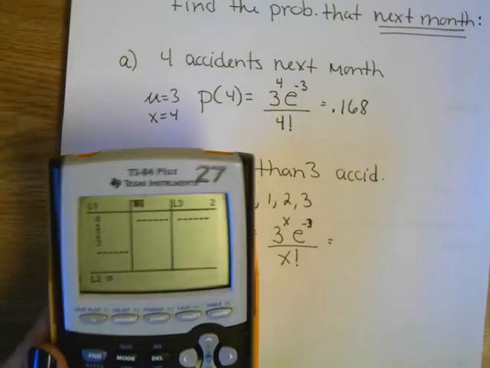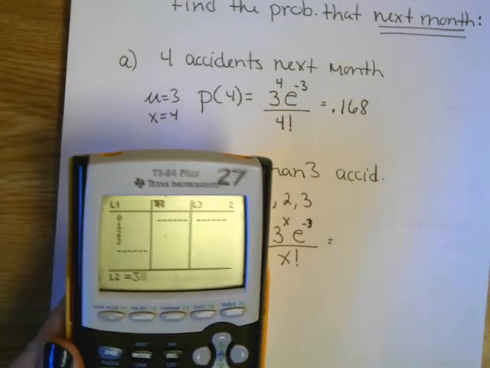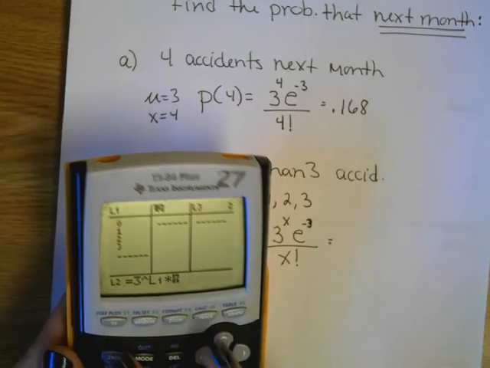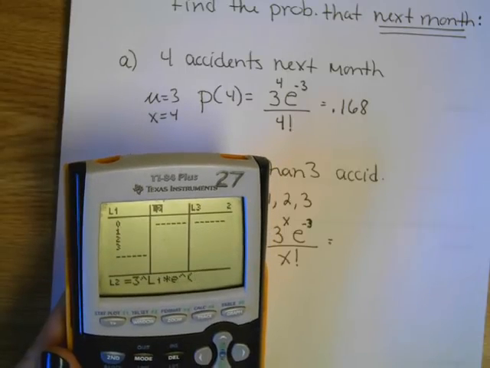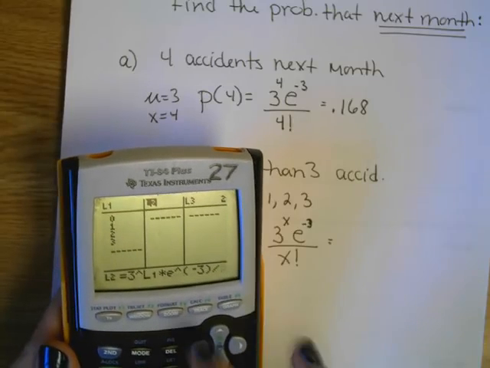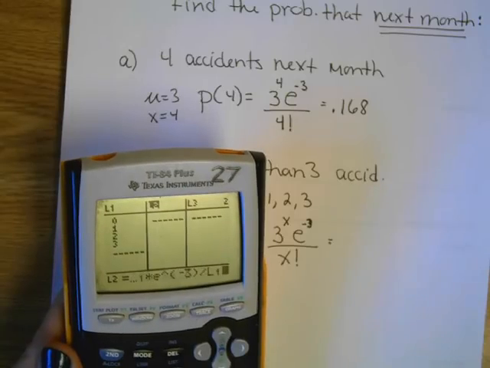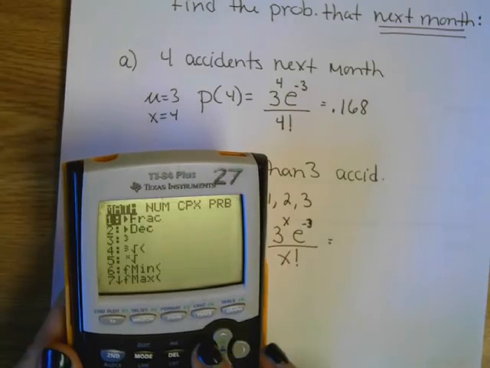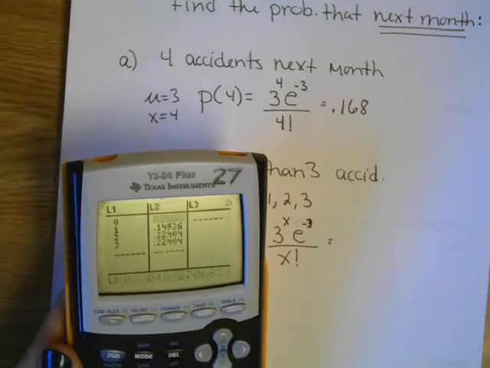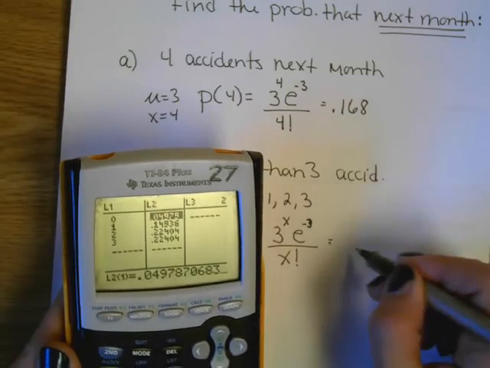And then we're going to put in our formula. 3 raised to the L1 times e raised to the -3 divided by, you don't need parentheses, L1 factorial. Hopefully you did it right. Factorial. The last one.